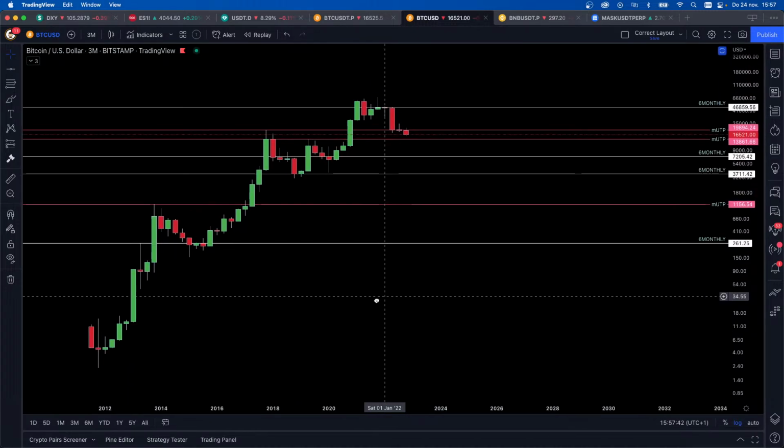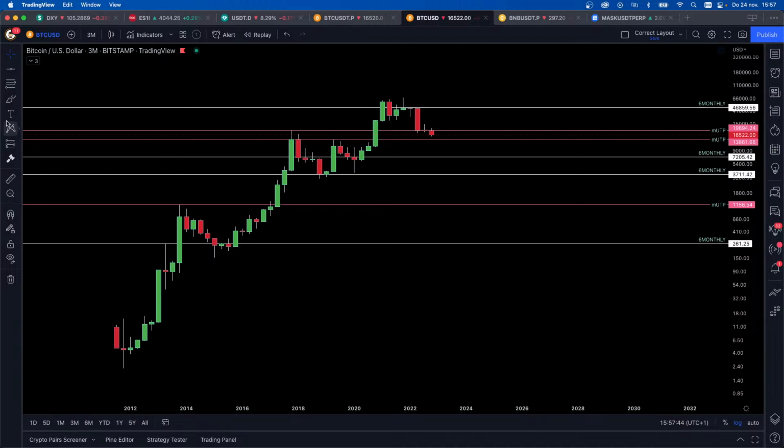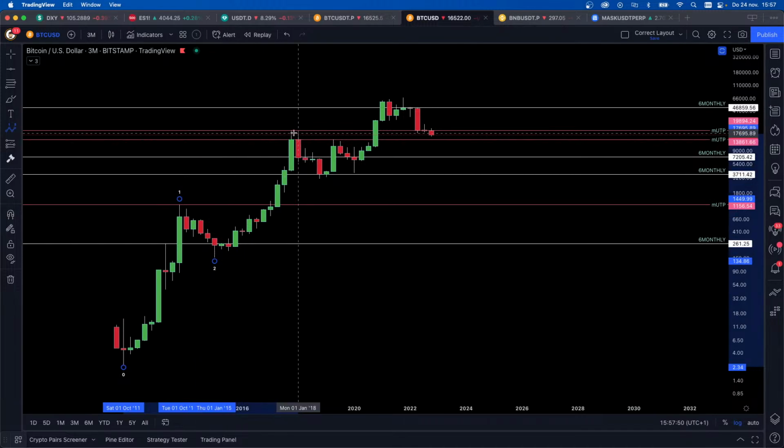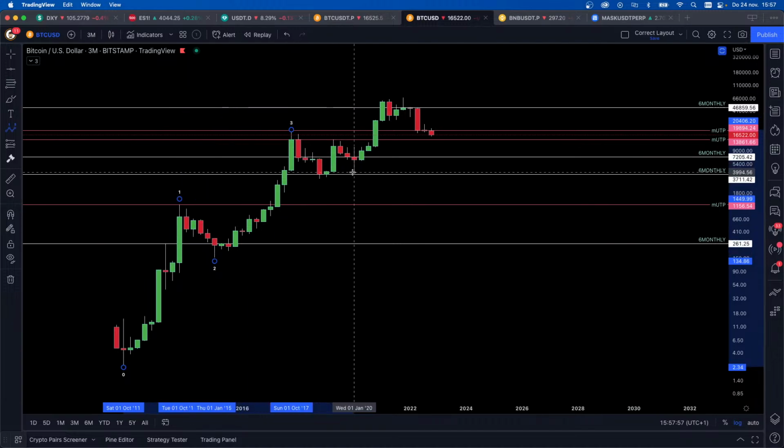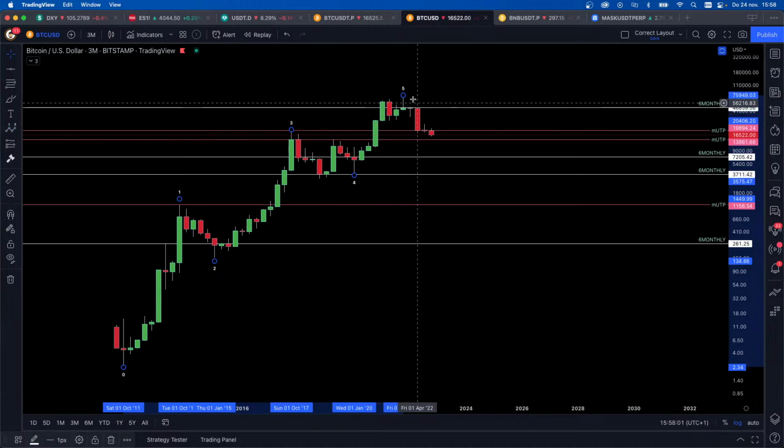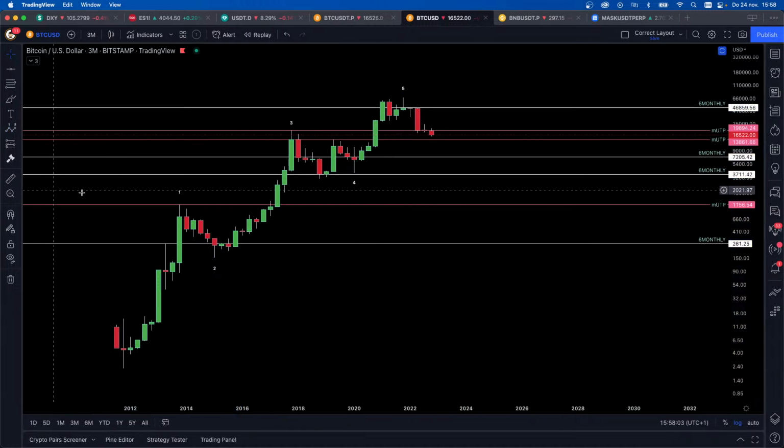Not really. I do already want to add the 5-wave structure that I can see. 3, and this was actually an ABC down, so it's a sharp down. And then we have a 4, which is sideways. And then this was our 5th wave, which I called the top in here.